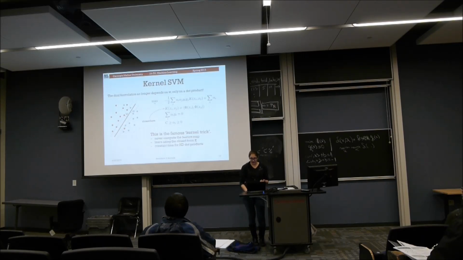But basically this is the kernel trick. You never compute the actual feature map. You have a really large feature map, but because you have a closed form for that dot product, you don't really need to compute it. You just learn using the closed form K. And this gives you constant time for high-dimensional dot products.